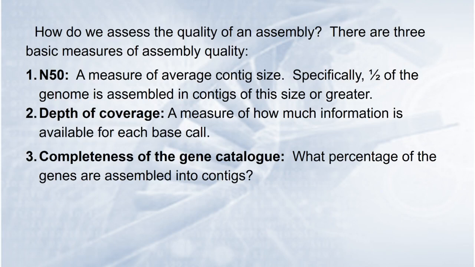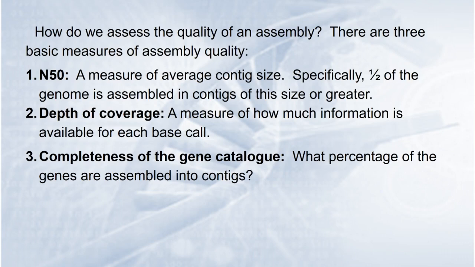But the N50 measure is specifically if you look at the entire assembly of your genome and you take your contigs and you rank them by size, what is the size of the contig when you've assembled half of the genome? For example, if we have this 5 million base pair long bacterial genome and we do the assembly and then we rank the contigs by size, you start with the largest one.